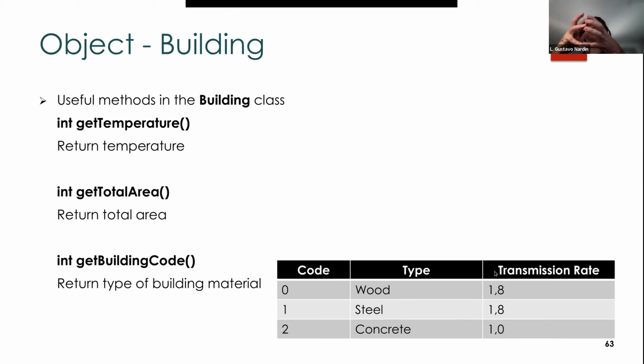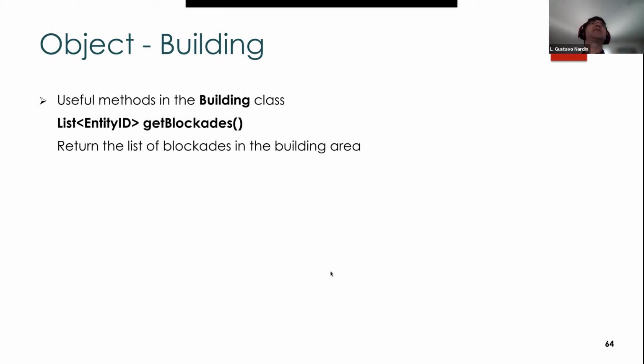So when a building is on fire, it may irradiate its temperature and transmit heat to the exterior, to the other buildings, so the other buildings also get on fire. And this is the transmission rate. And also, you can get a list of blockades that are in the area of the building.